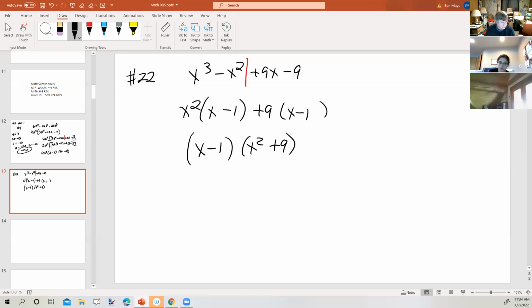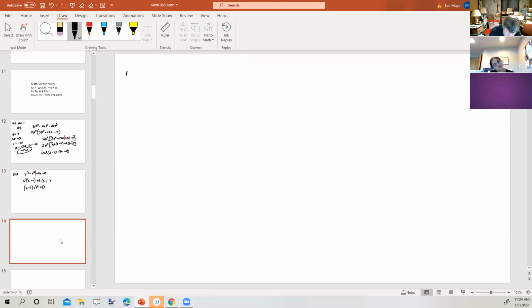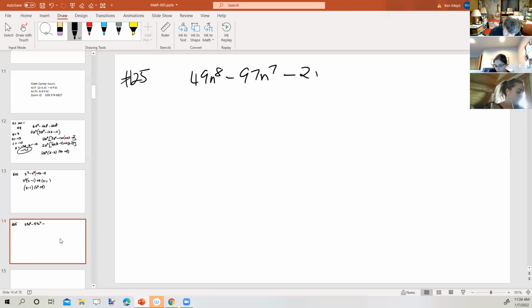Okay, and finally, number 25, which again says factor by choosing the correct method. And we have 49n to the 8th minus 97n to the 7th minus 2n to the 6th.